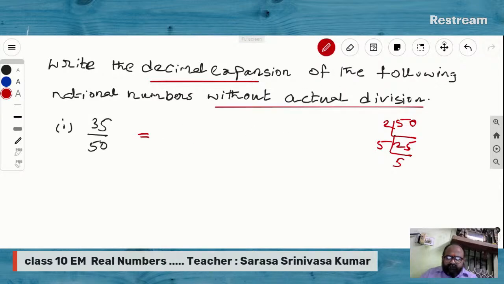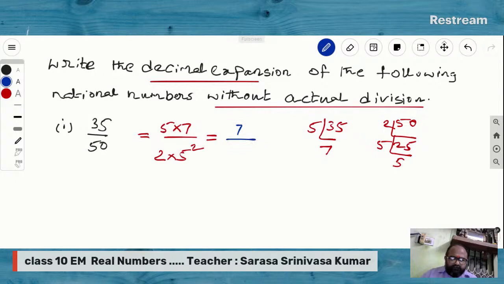We find prime factors for 35 also: 35, 5 sevens. So 5 multiplied by 7 divided by 2 multiplied by 5 square. This is equal to 7 by 2 multiplied by 5. This is equal to 7 by 10 equal to 0.7.